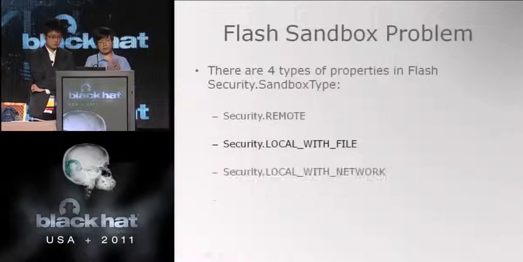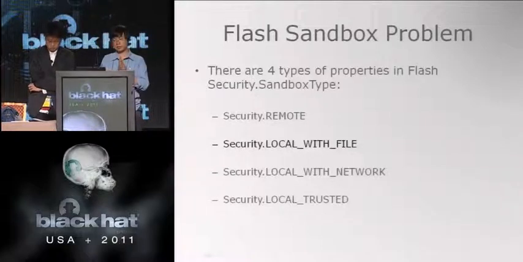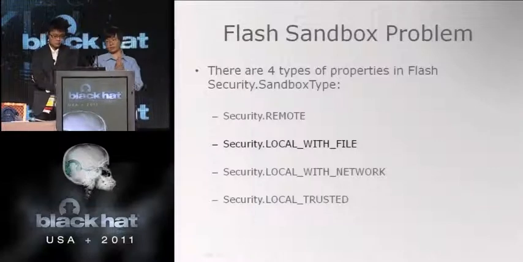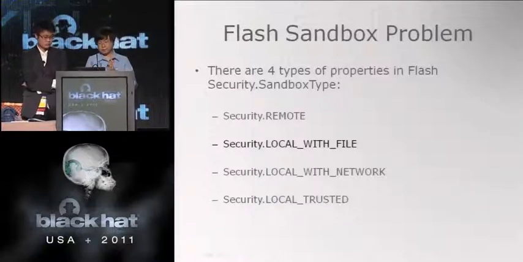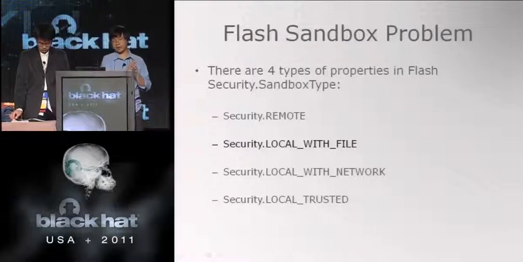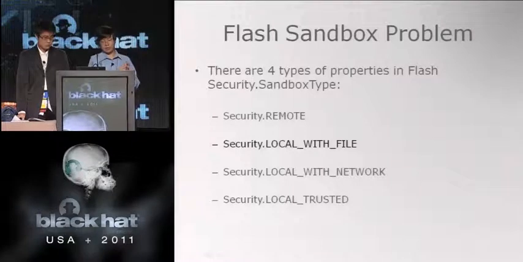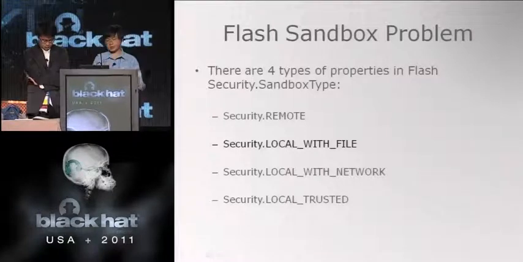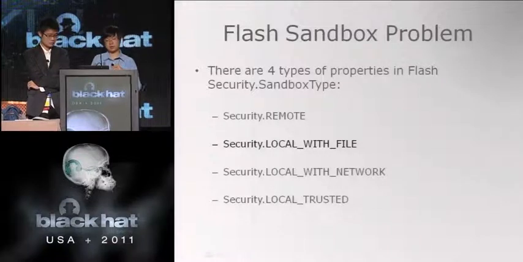We take this Flash sandbox flaw as the example. There are four types of Flash sandbox settings. The basic idea of the default settings is that if you can access the network, then you cannot access local resources, and vice versa: if you can access local files, you cannot connect to the network.